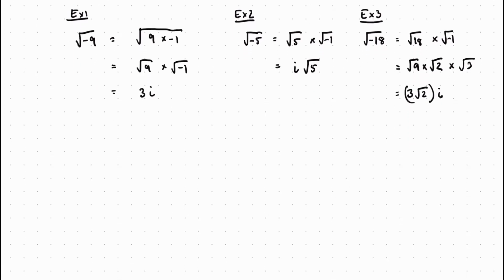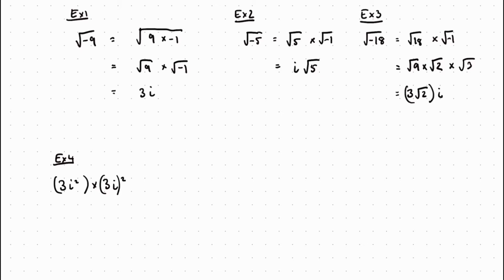Well, that's that. What about some calculations using i? Let's have a look at another example. What would (3i squared) times (3i) all squared equal? You've got to think about what the squaring is doing. In the first bracket, the squaring is only on the i.